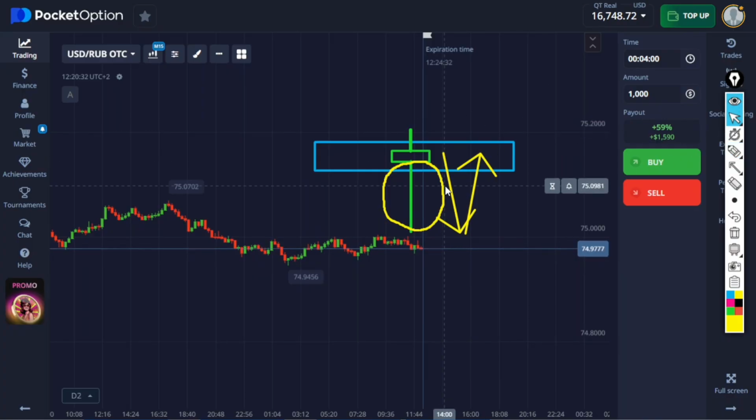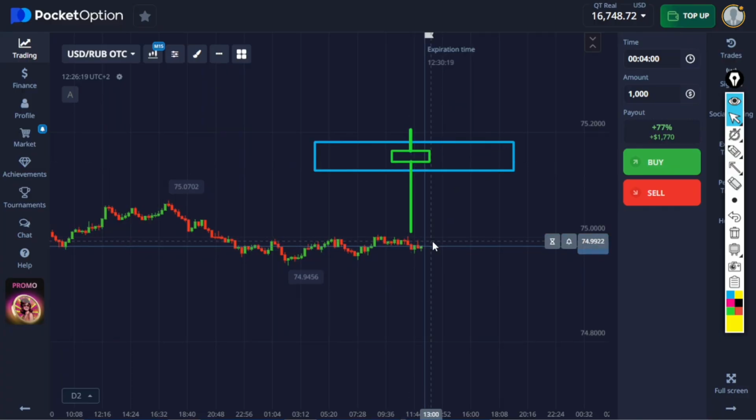Okay, now the color of the candle doesn't actually matter. It can be red or green. What makes the bullish rejection candle is the long lower wick. Now the funny thing is, right, you have all sorts of crazy names for rejection candles. A pin bar, a hammer, a shooting star, a doji.